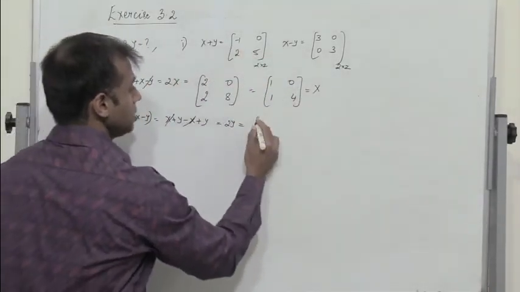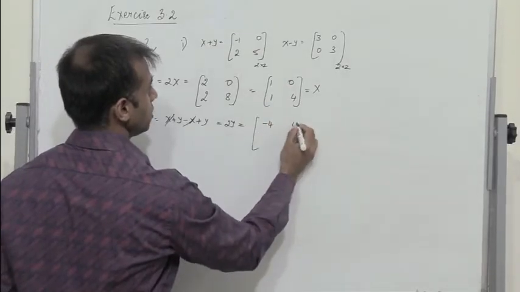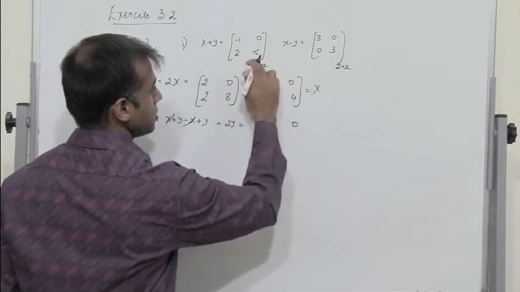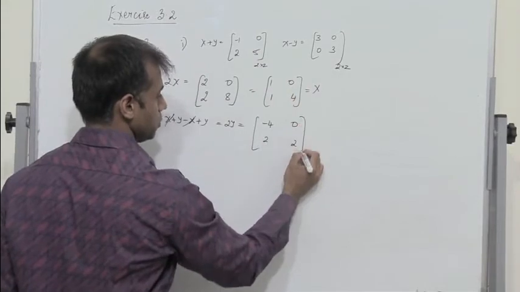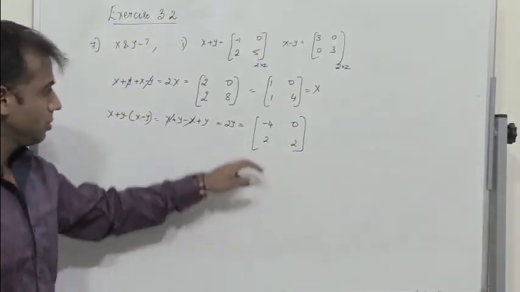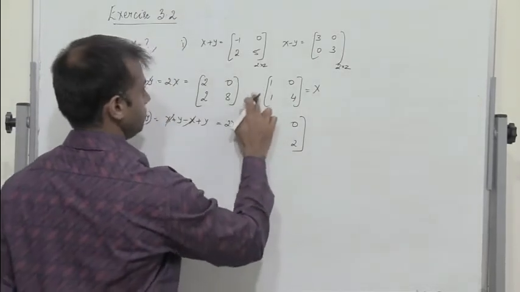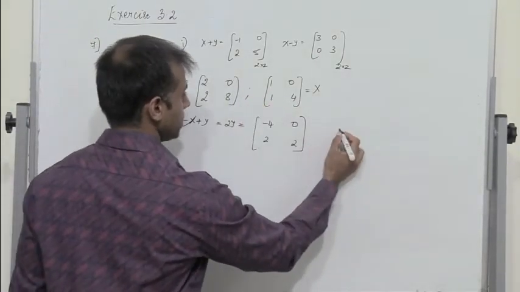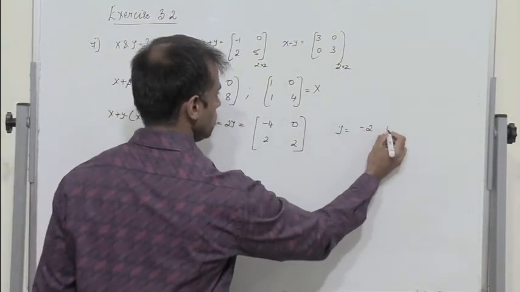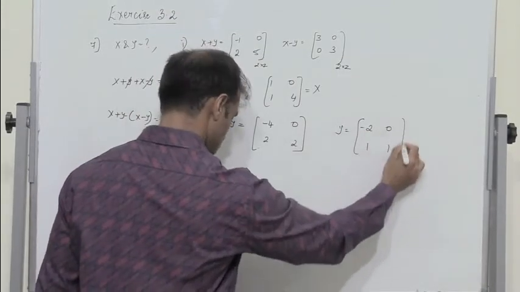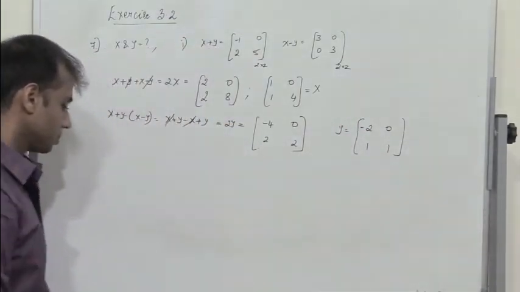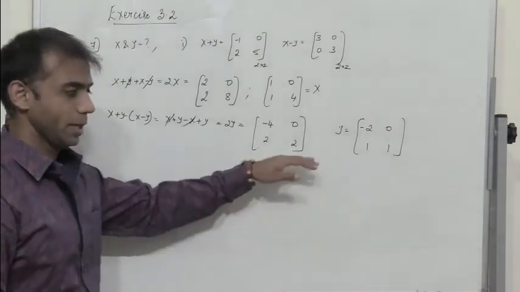So 1 minus 3 is minus 4, 0. 2 minus 0 is 0. 5 minus 3 is 2. So divide all the elements of this matrix by 2 to get Y. So we get Y equals minus 2, 0, 1 and 1. Okay, so this is Y.